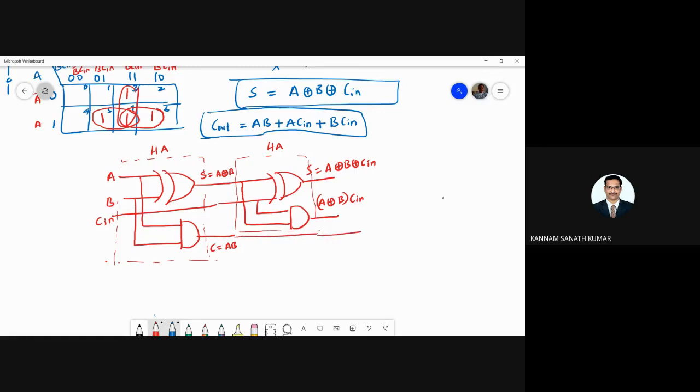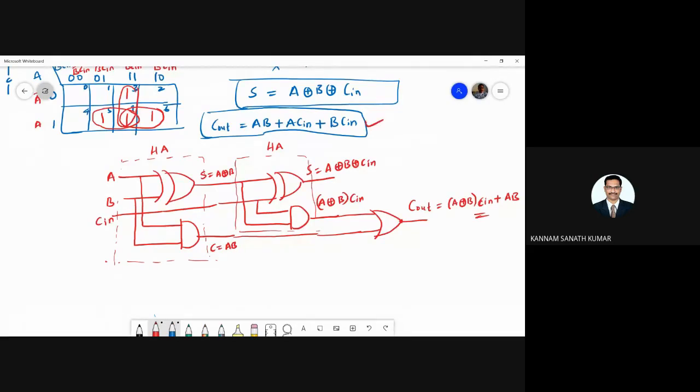So this is given to one OR gate. So what is C out? We are getting C out as A XOR B into Cin plus AB. Okay, so if you expand this expression, you will get this C out expression.